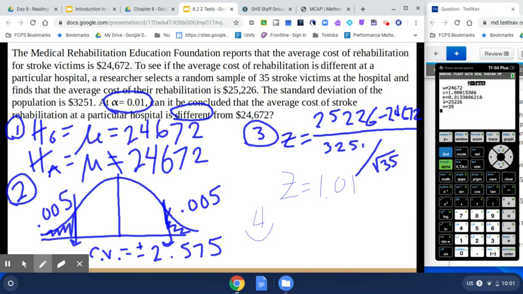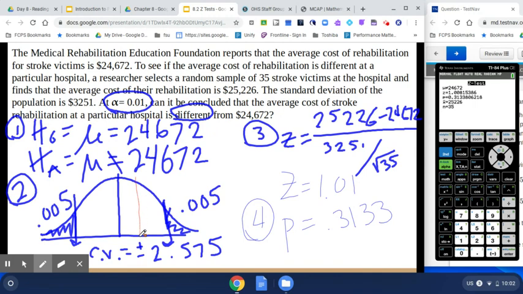So step number 4, the p-value is 0.3133. If I go ahead and mark these on the curve, we can see that 1.01, it's in between negative 2.575 and positive 2.575. It is a positive value, so I'm going to stick it over here on the right.